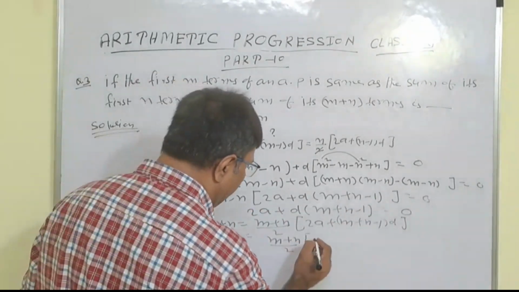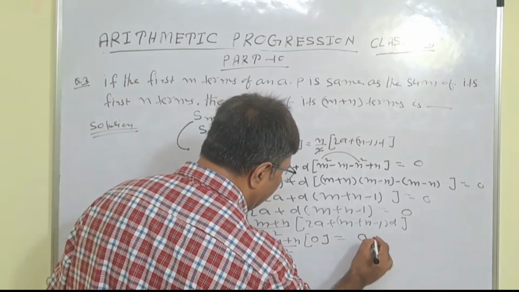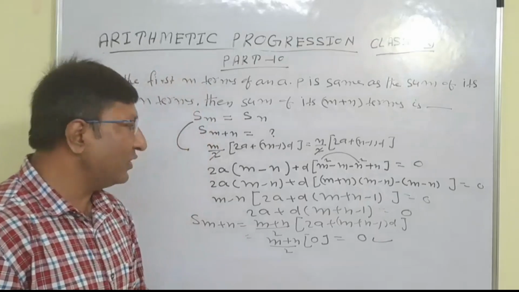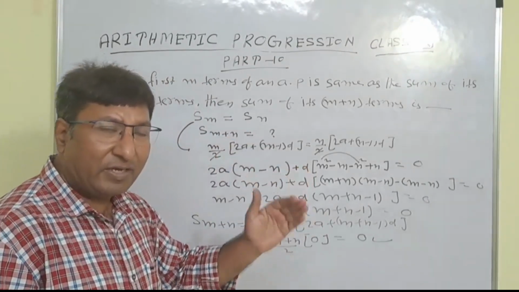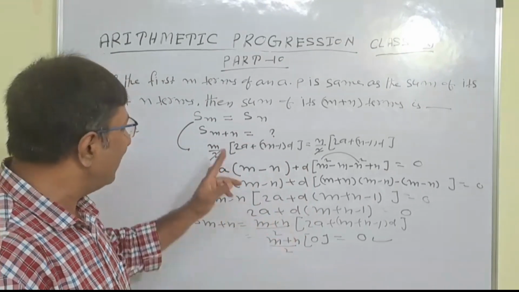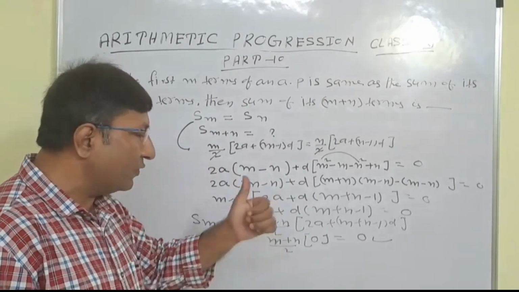So we can put here 0. So 0 multiplied by anything is 0. So our correct answer is 0. So if the sum of m terms is equal to the sum of n terms, we can use it as a trick: the sum of m plus n terms is always 0. So we can prove this.